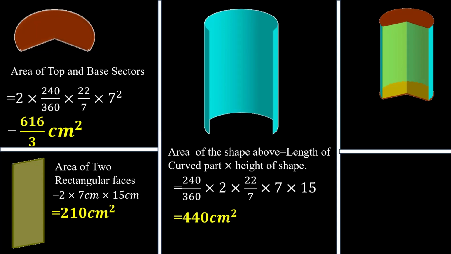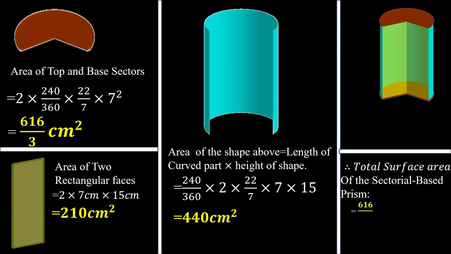So we have 3 items that we have been able to get. We've sorted out the area of the two sectors, the area of the two rectangular faces, and the area of this curved pattern. Adding them together gives us the total surface area of the sectorial-based prism. As you can see on your screen, when it is added together, we get 855.333 square centimeters.